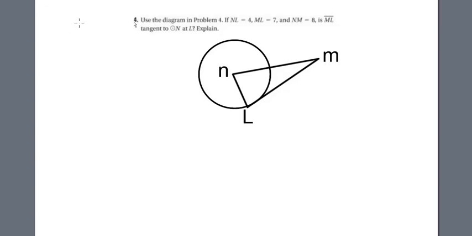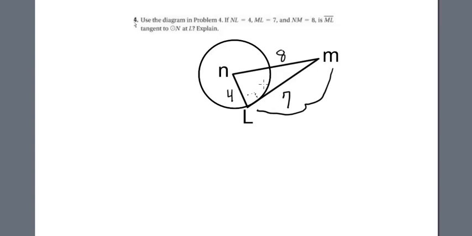Okay, this problem says if NL is 4 and ML is 7 and NM is 8, they want to know if ML is tangent right here. That's the question. Does this form a right triangle?